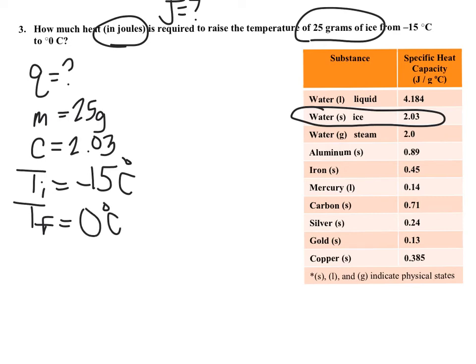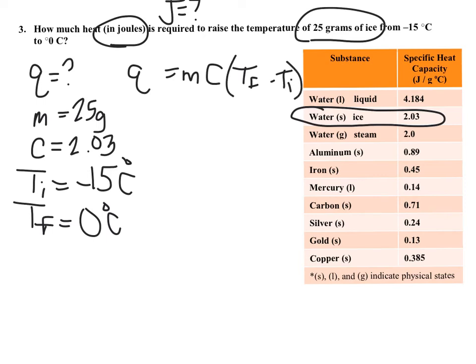Now, the nice thing is, unlike gas laws, we don't have to convert our Celsius to Kelvin. We can leave that. So that's a little nice extra perk. But now that I have all that information, I'm looking for Q. So let's set up our equation. Q is equal to mass, or the heat is equal to mass times the specific heat times the change in temperature, which is final minus initial temperature.